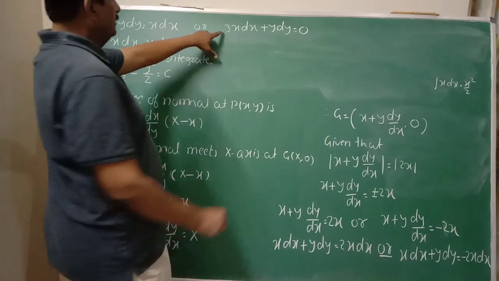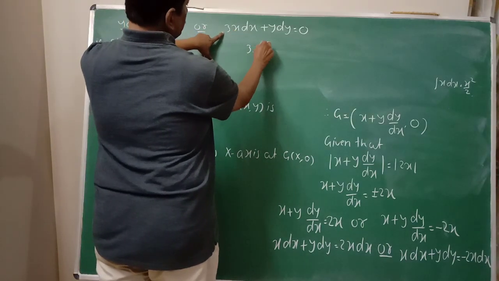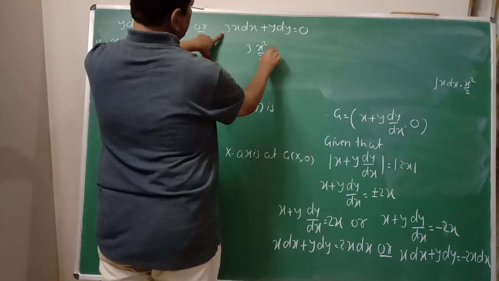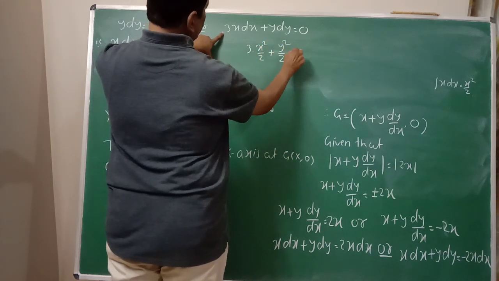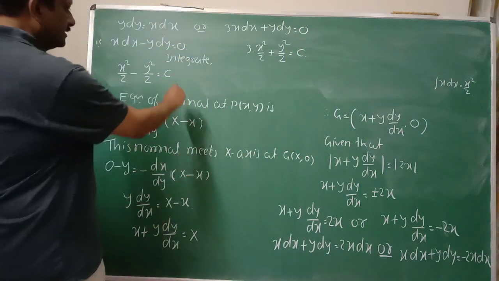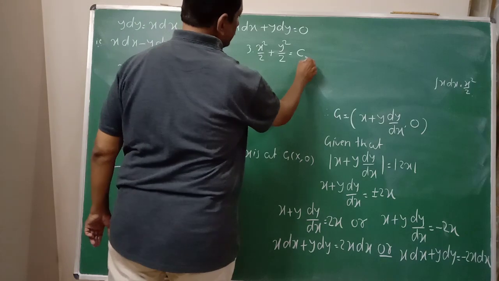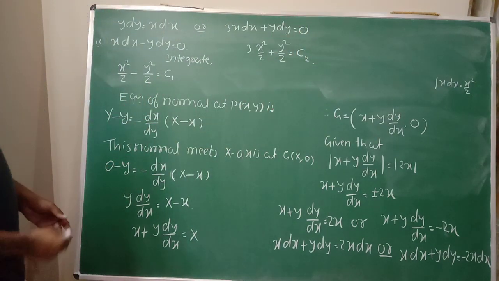Even here also, 3 into integration of x is x square divided by 2 plus integration of y is y square divided by 2, is equal to an integrating constant. Take this one as c1 and this one as c2. c1, c2 are integrating constants.